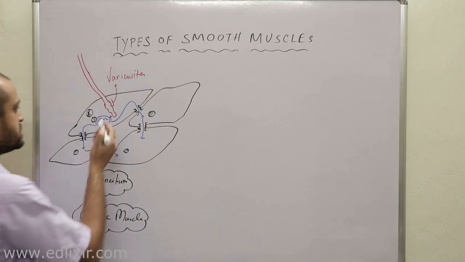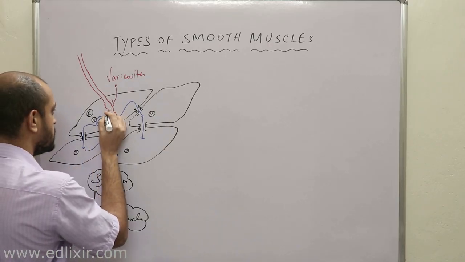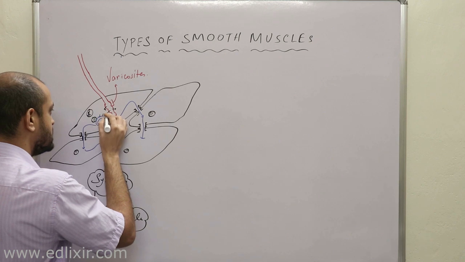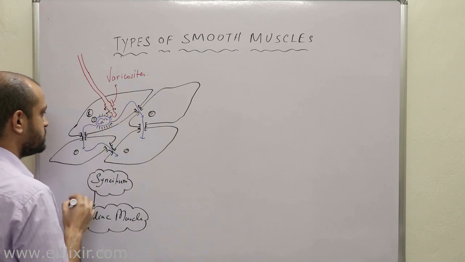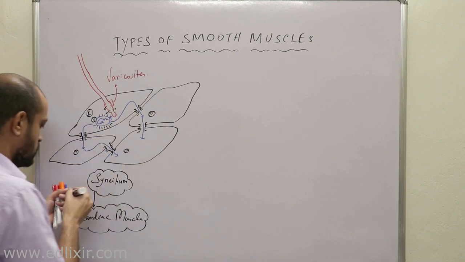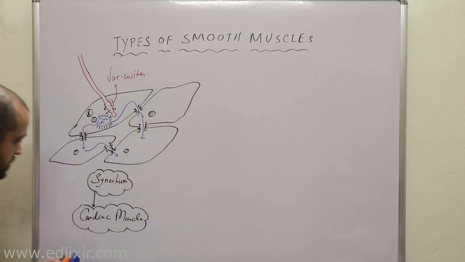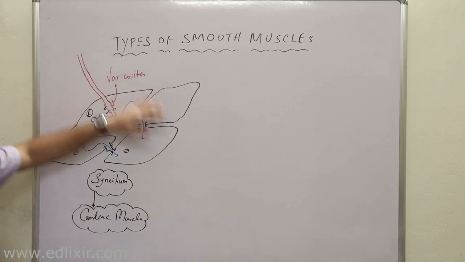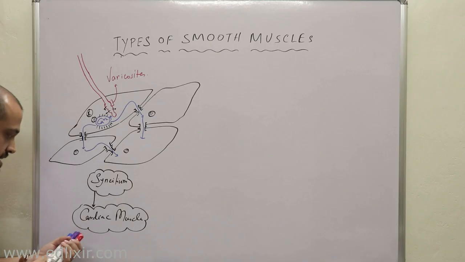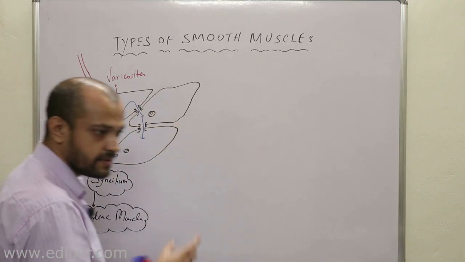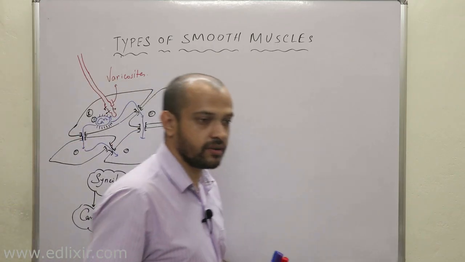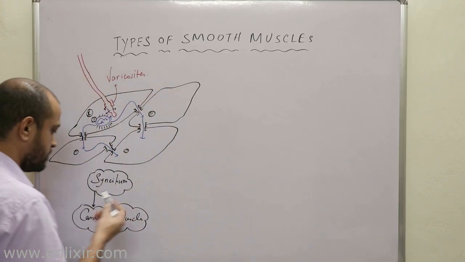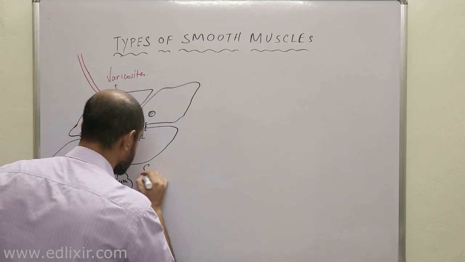When these varicocytes just enter one of the cells, they will activate calcium release. And calcium will enter through all other cells. That means these cells are acting like a single unit. They are acting like a single unit, right? Now that's why they are known by the name of single unit smooth muscle.